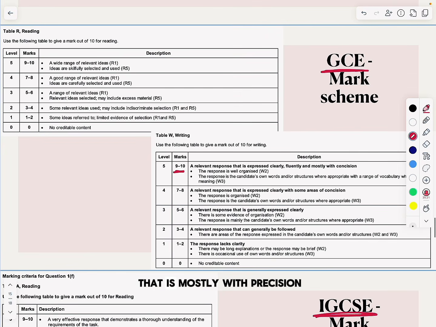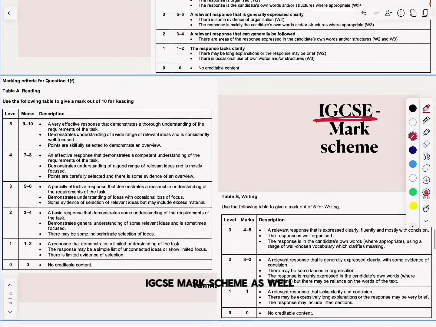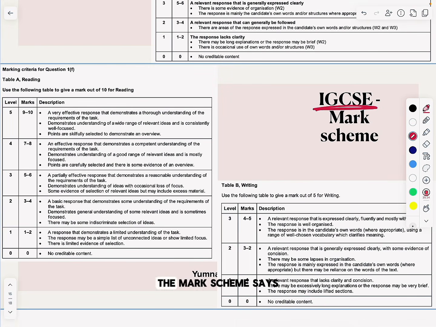It says a response that is mostly with concision, and it is expressed clearly and fluently. And if we take a look at the IGCSE mark scheme as well, it says a response that demonstrates a thorough understanding of the requirements of the task.